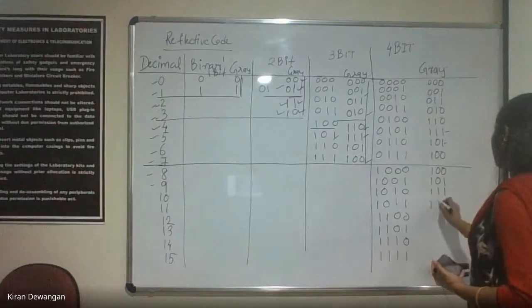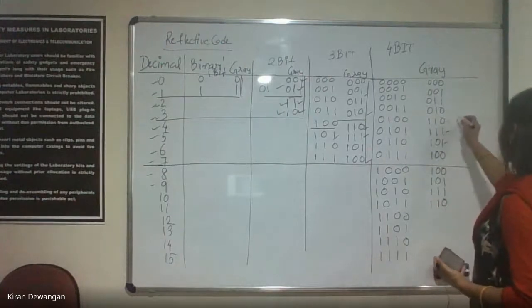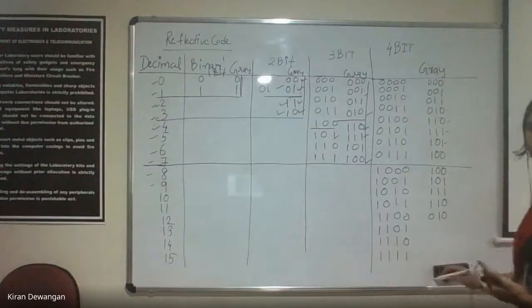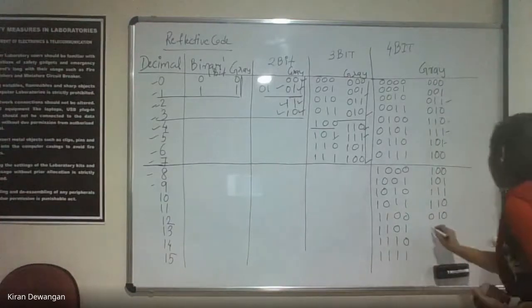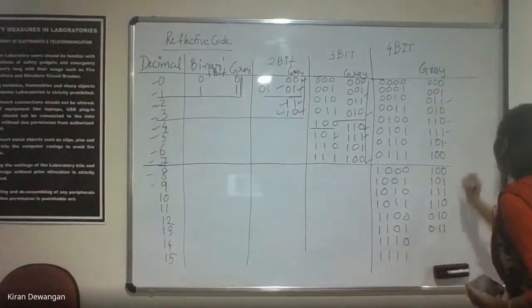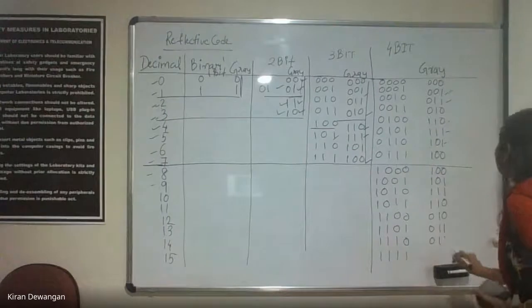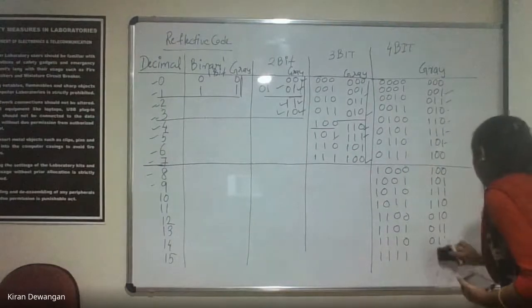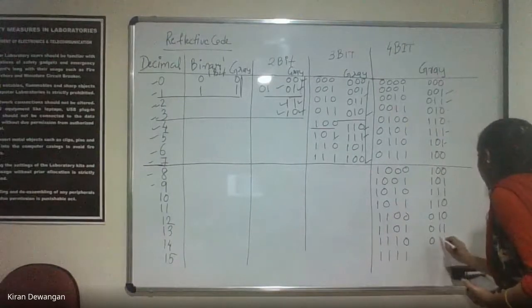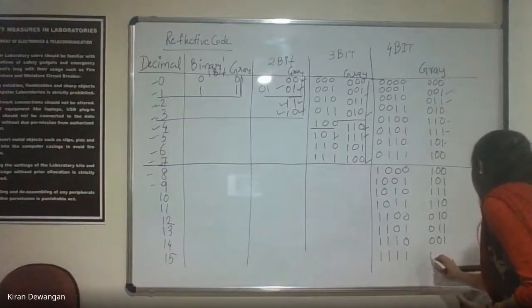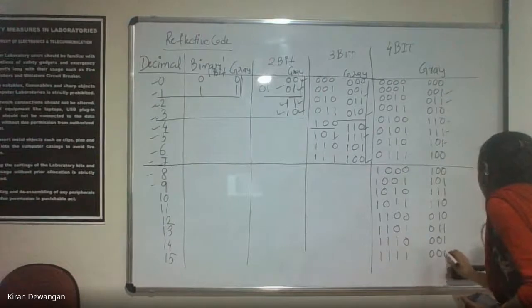Then this one 110. Then this one 010. Then this one 011. Then this one 001. And the last one 000.